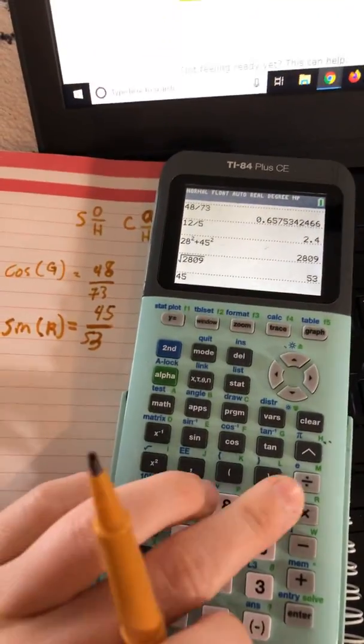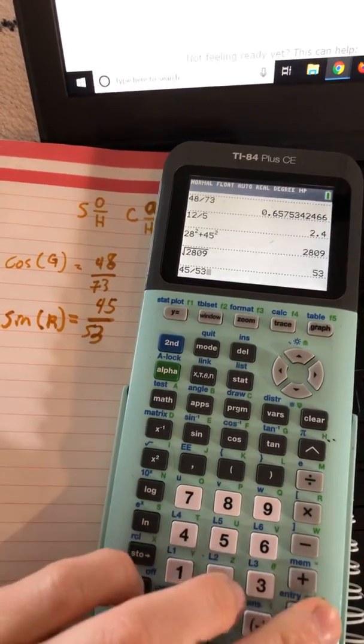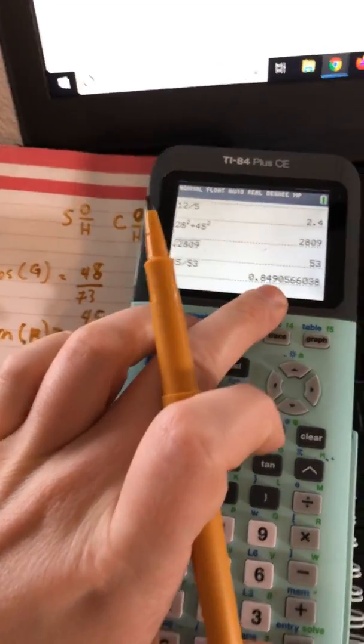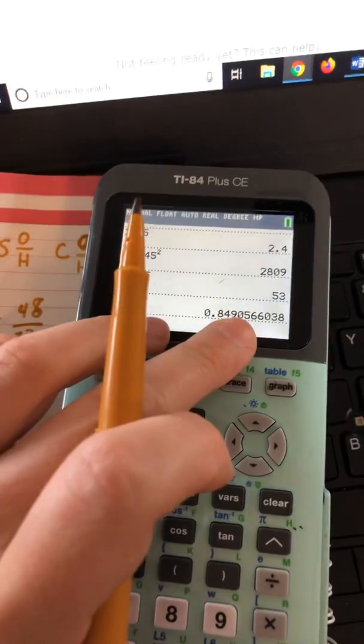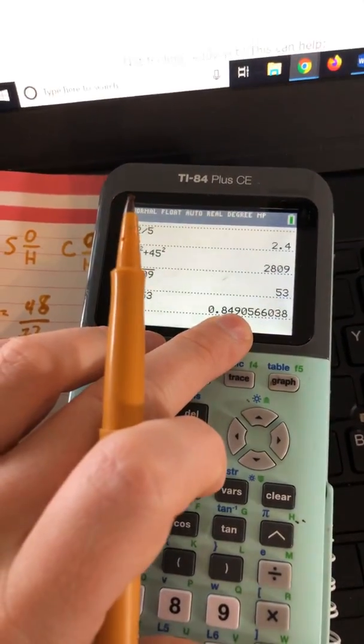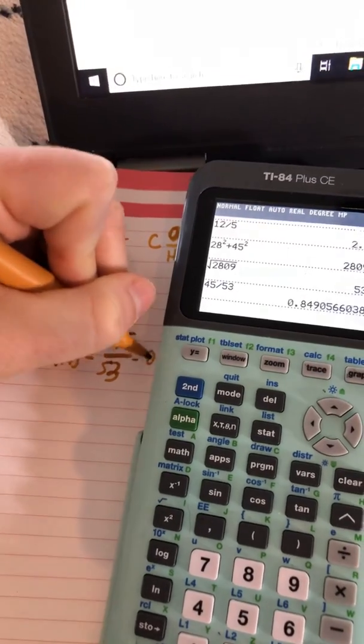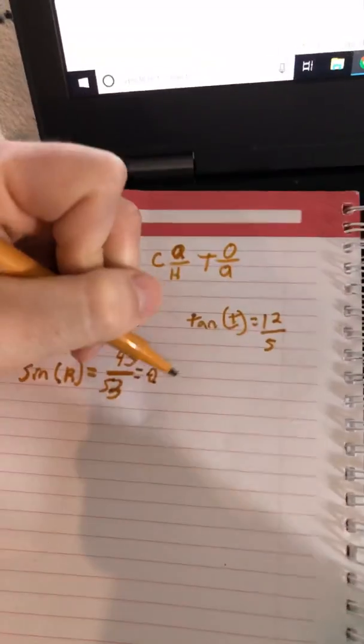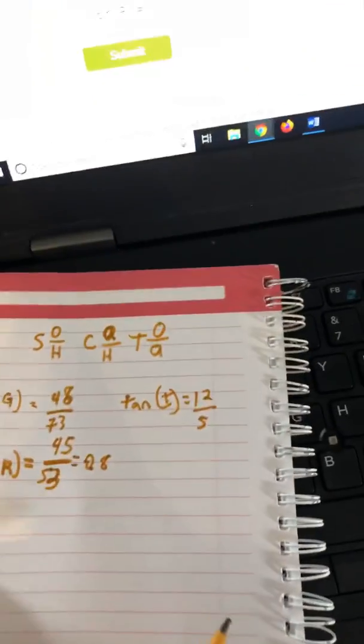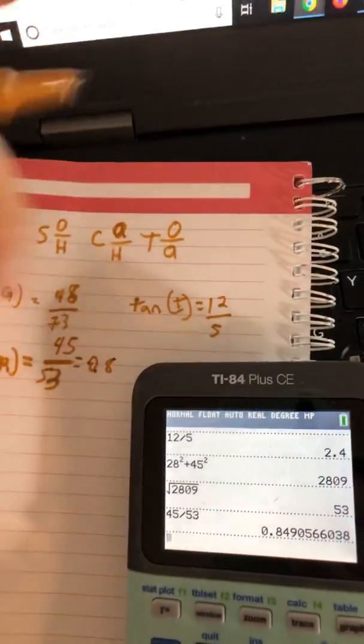So we got 45 divided by 53 equals this right here. We want to round to the nearest hundredth, so that 9 right there is going to round that 4 up. So the answer should be 0.85.